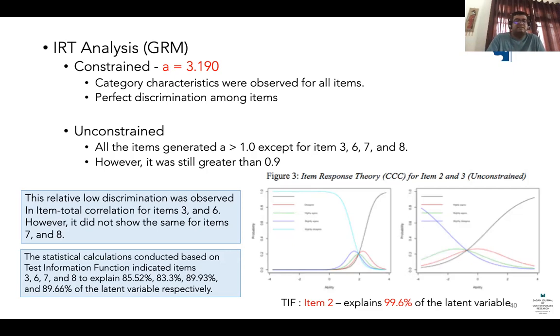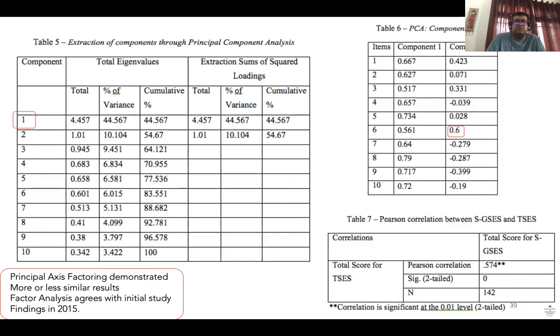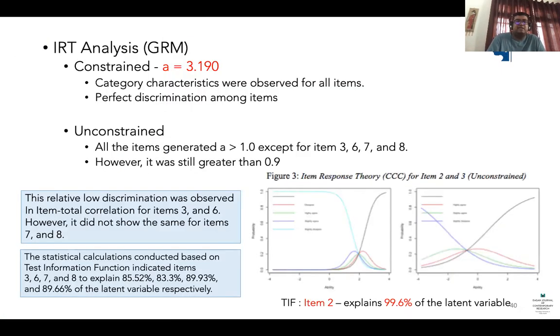Even here we found 3 and 6, but in this one, even 7 and 8 have found the score to be slightly low. However, 3, 6, 7, and 8 had 85.52, 83.3, 89.93, and 89.66. So all of them explain the latent variable at that percentage. So that is all right.